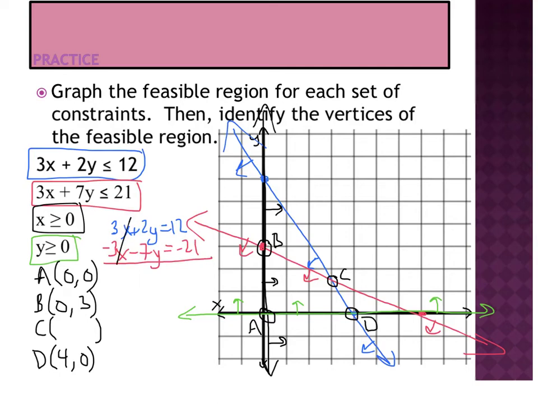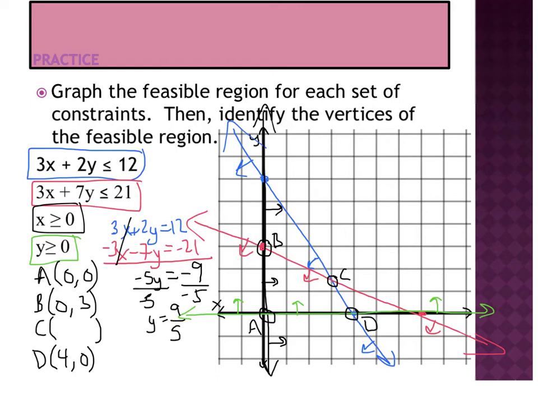So let's do that, and I'm left with negative 5y equals, and 12 and then a negative 21 is going to give me negative 9. So for y, I get y equals 9 over 5.